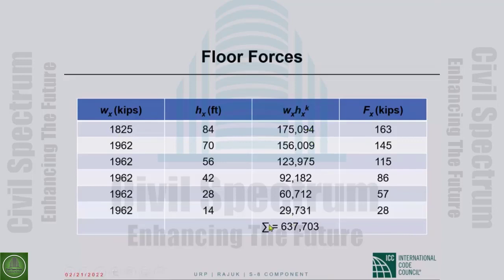So this is the summation of W sub x, h sub x, and the lateral force at level x is this divided by the sum multiplied by the design base shear, and those forces at the various floor levels came out for our building to 163 kips at the top, 145 next level, 115, 86, 57, 28. Okay. So this is standard calculation distribution of the design base shear along the height of the structure.